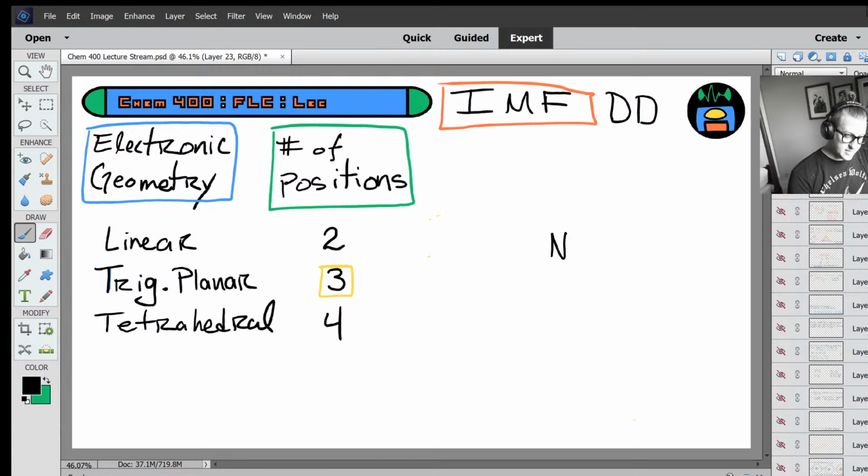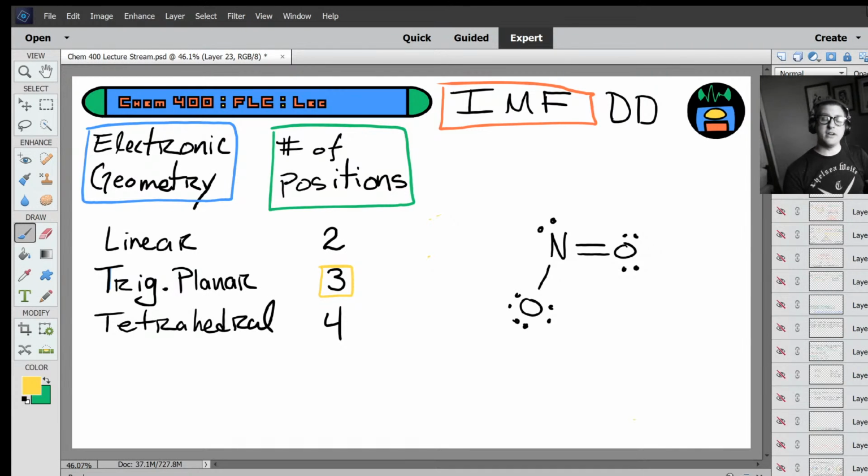If you look at nitrite, which looks like this. Trigonal planar because it's 2 atoms, 1 lone pair around the central. We said that in order for the dipoles to cancel, you have to have the same group on every position. Now, a trigonal planar central atom has 3 positions on it, but you'll notice that only 2 of those positions are occupied by oxygens in this molecule.